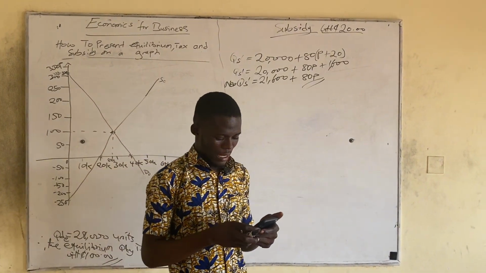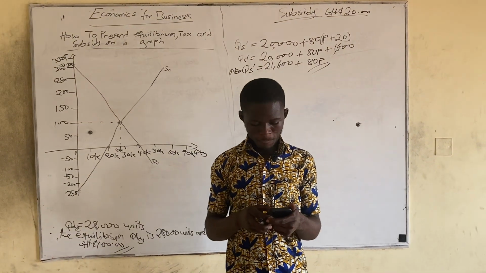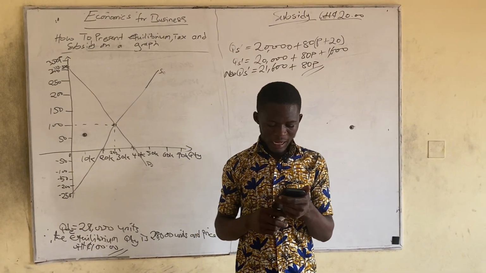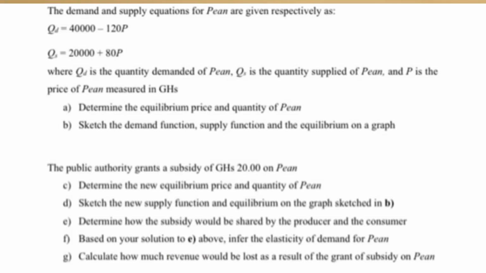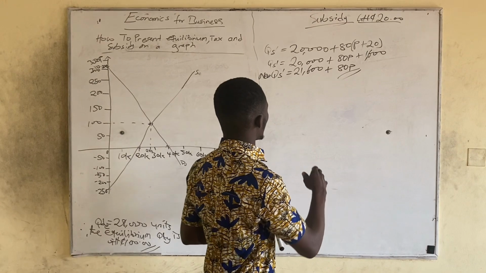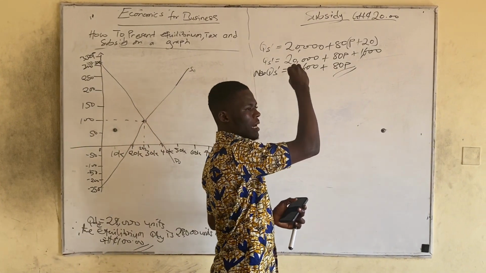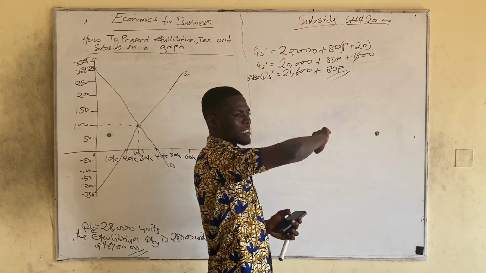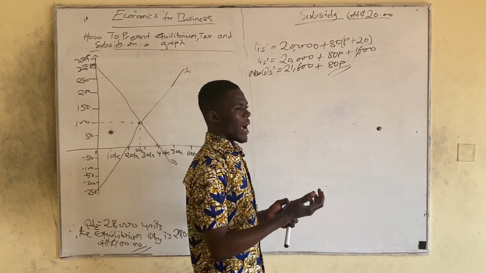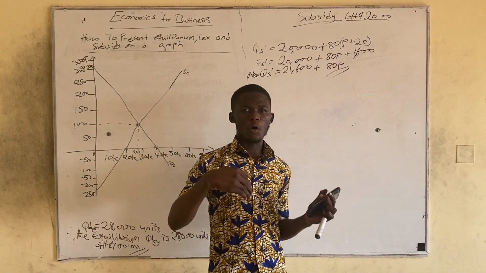Okay, so now our new supply curve has changed to this. Let's look at the next question. After the grant of the subsidy, it says to determine the new equilibrium price and quantity of pin. At first, the one that we did was without subsidy, but now they've imposed a subsidy.